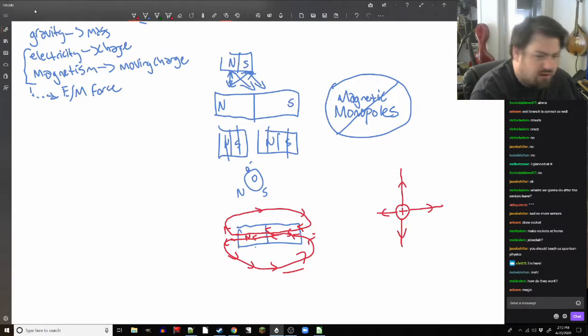Let's see. Oh, one little thing about these guys I forgot is that the way to think about bar magnets or any real physical magnet is what they call domains. Domains are like little groups of particles, or maybe even single particles, if you get really down to it, that each are themselves tiny magnets inside of the big magnet.